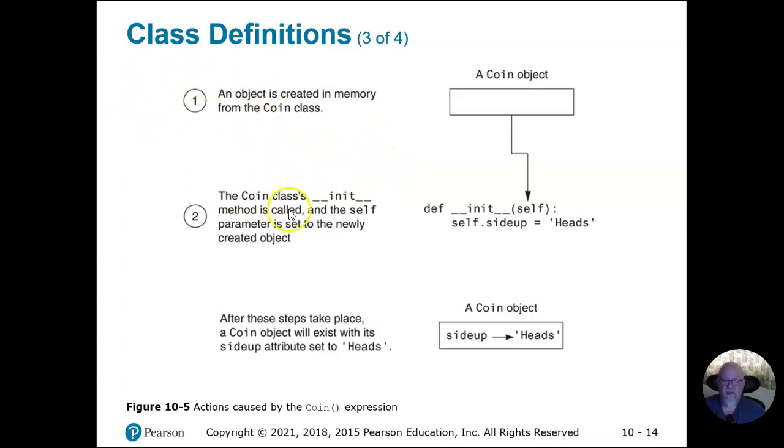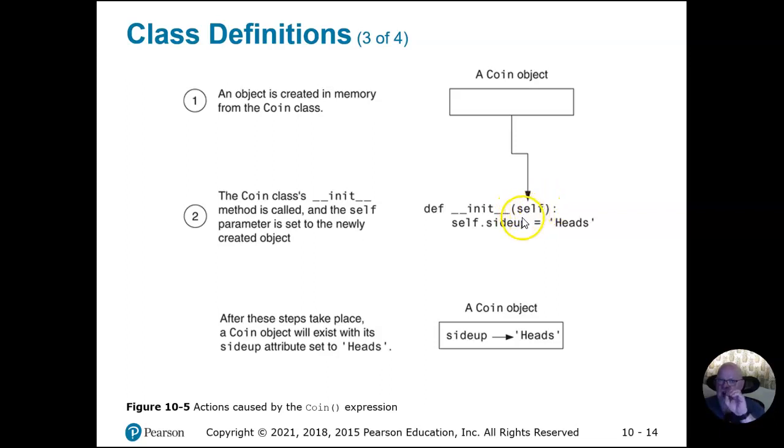We're going to get right into an example here in just a second, and it's basically the coin object. The coin object, we create it. It's created in memory, and as it's created or instantiated, this def init method is automatically executed. Notice it's got the word self in there.